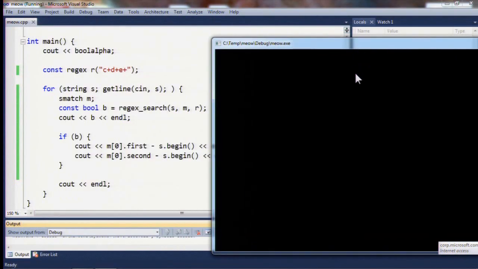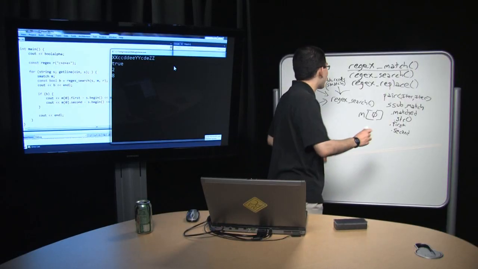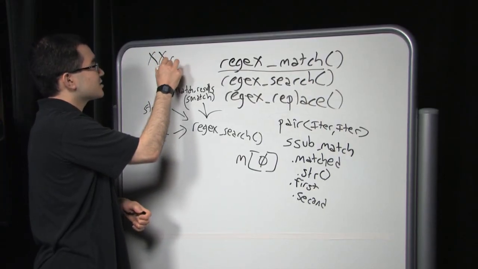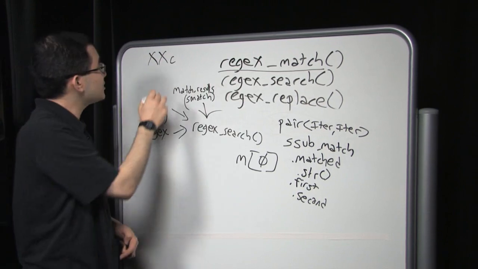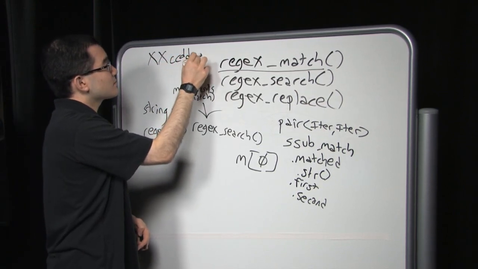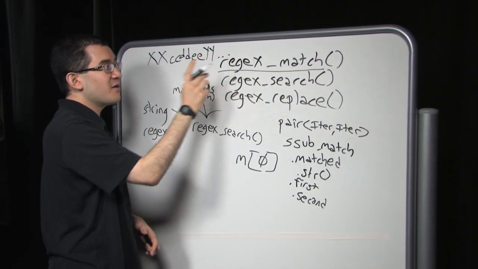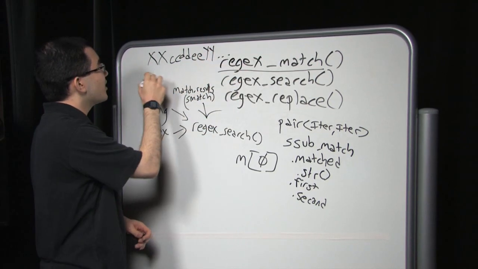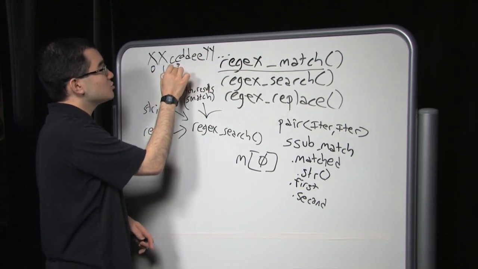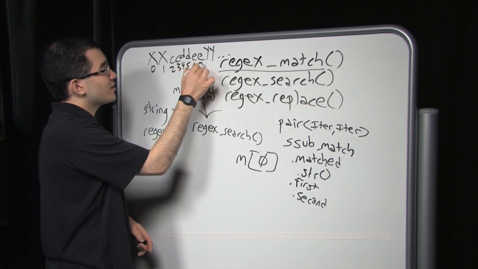So there we go. Now, if I type in something like XX, and I'm looking for C, D, E, Y, Y, and then C, D, E, Z, Z, then here it prints out true, and it prints out 2 and 8. Because if I have X, X, C, C, D, D, E, E, Y, Y, and then other stuff, I don't really care what that contains, then this is index 0, 1, 2, 5, 6, 7, 8.